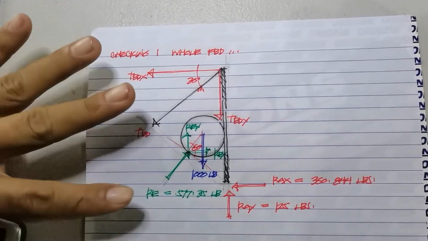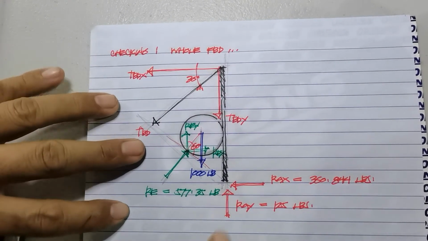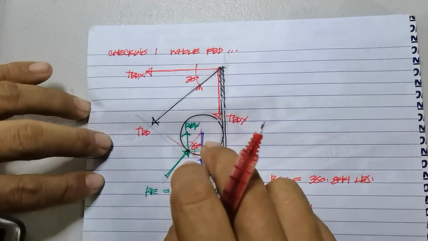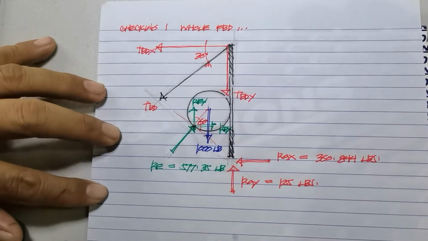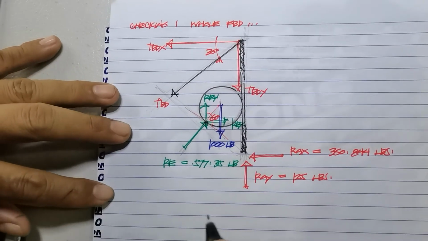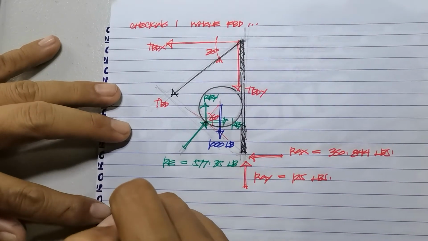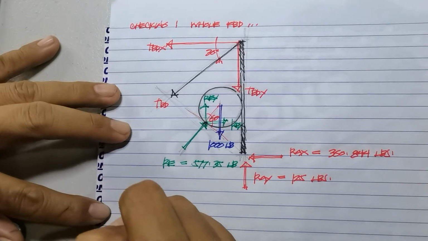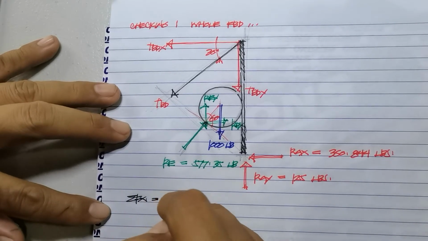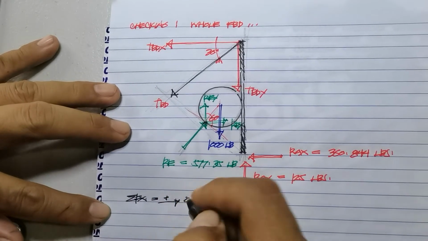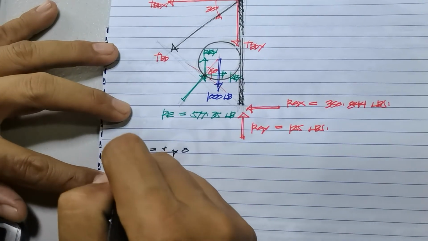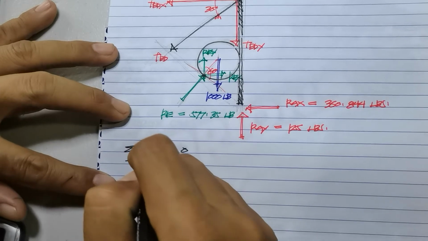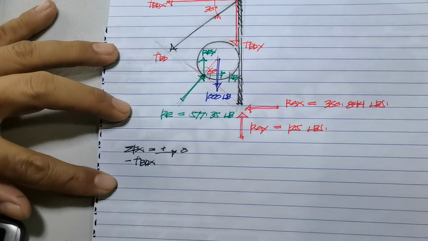So hindi na natin pwedeng gamitin yung moment summation kasi nga on the part of the cylinder, walang mga perpendicular distances. So unahin natin yung horizontal equation. Summation forces of X, all forces going to the right are considered to be positive. So ano yun? TBD of X directed to the left, negative. Negative TBD of X.